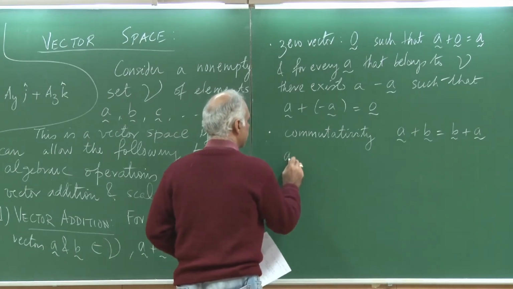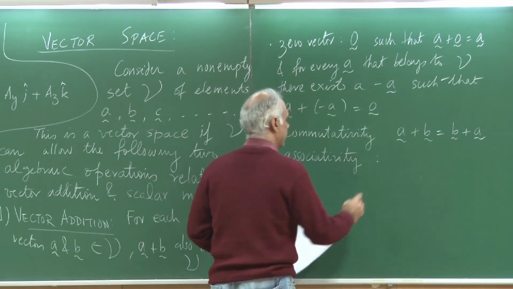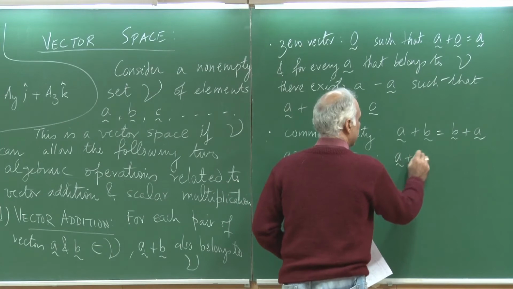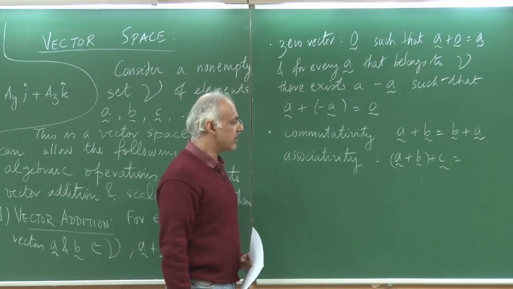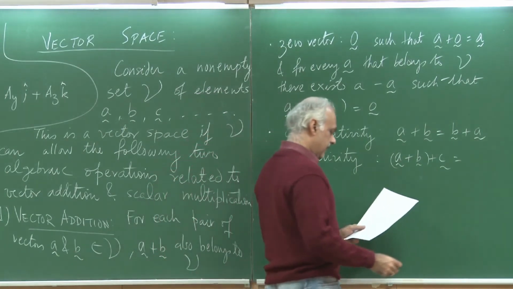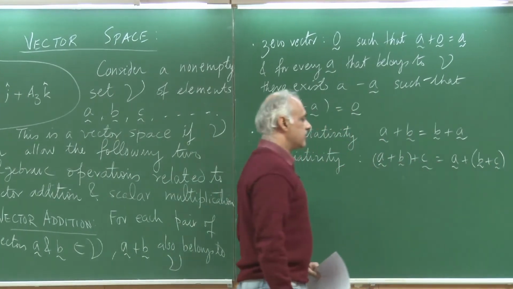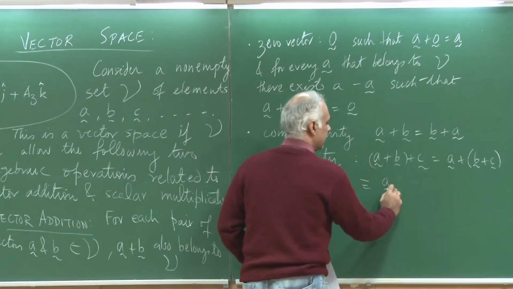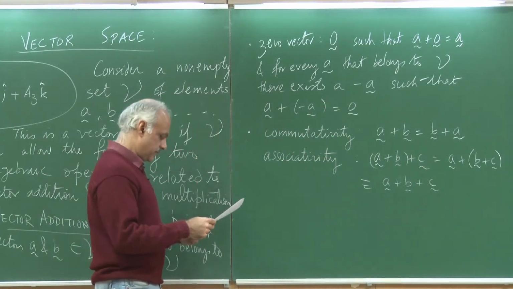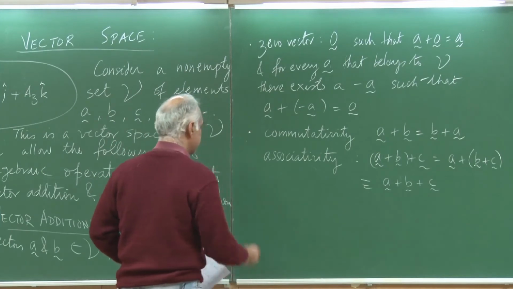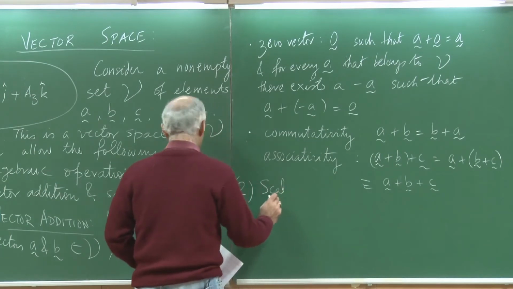Similarly, I can talk about it being associative, which implies that if I take A plus B and add to it another vector C, again belonging to the vector space V, then I should be able to show that this is preserved, and of course this should be identically equal to simply A plus B plus C. So the order really should not matter. So that's the vector addition. And the second thing is the scalar multiplication.